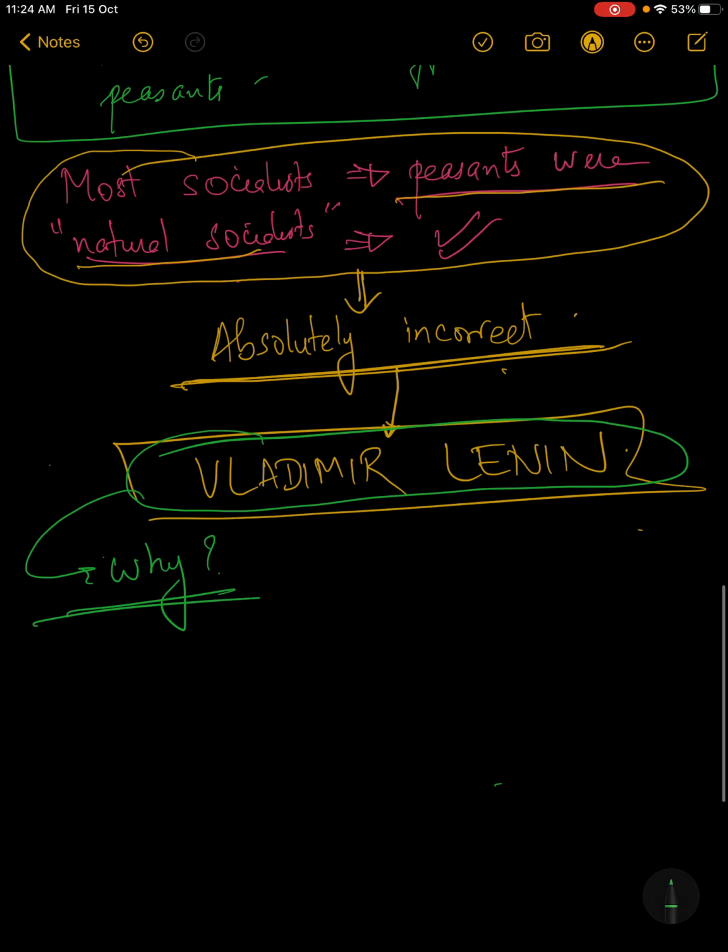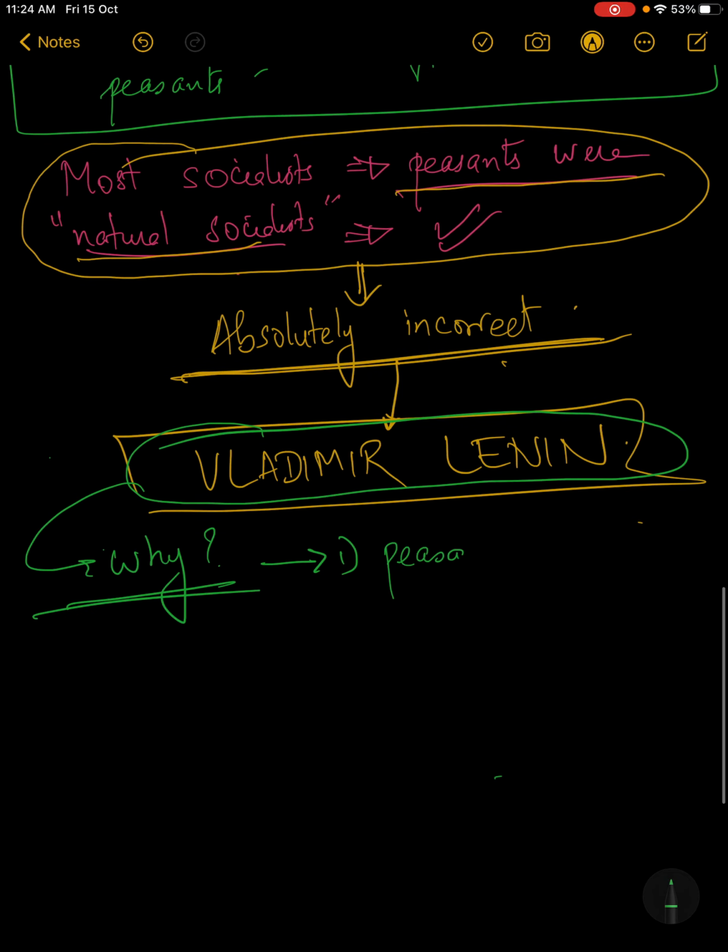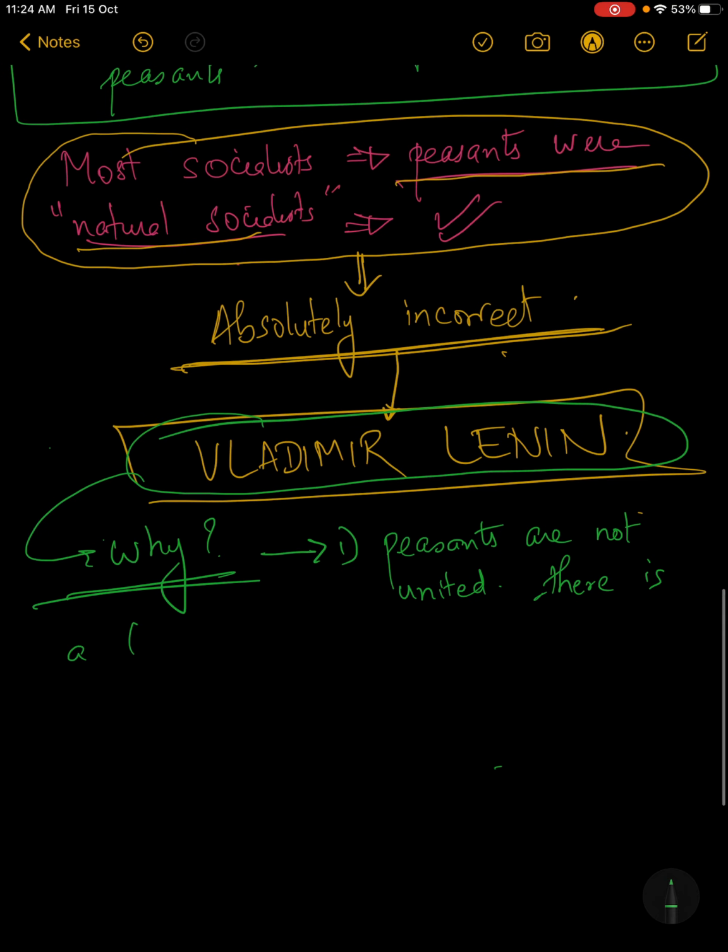Why did he say that? The why is important. Why did he think that the peasants were not natural socialists? Reason number one: Lenin said that peasants are not united. There is a lot of social hierarchy amongst the peasants, is what Lenin said.